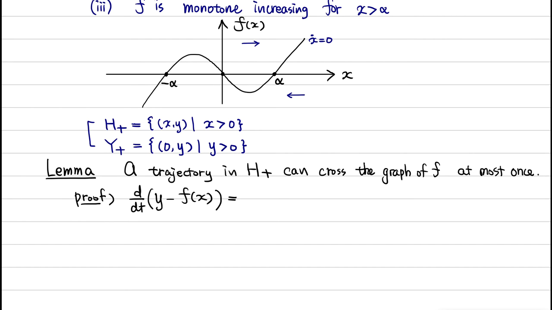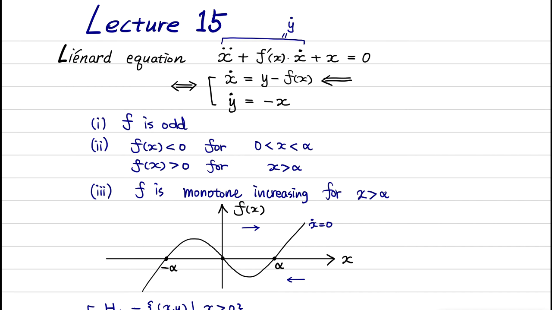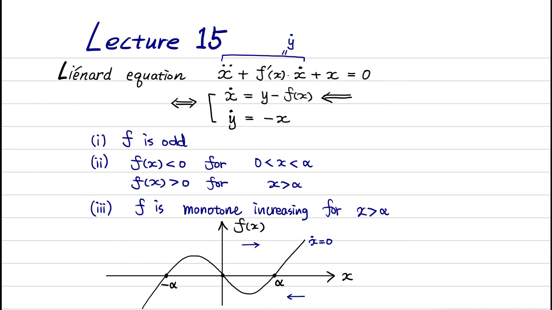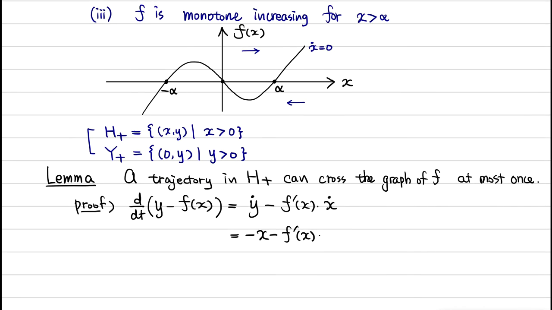If you calculate the time derivative, you get y dot minus f prime of x times x dot. And that expression can be changed using the equations of motion. So y dot is equal to minus x, and x dot is equal to y minus f of x.